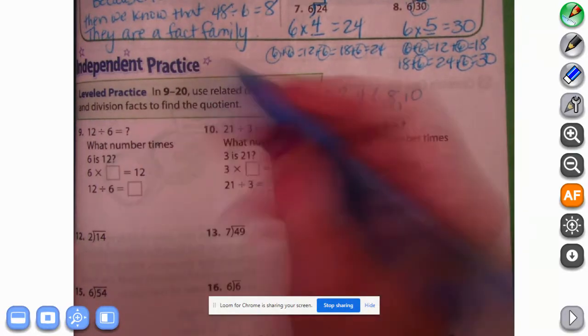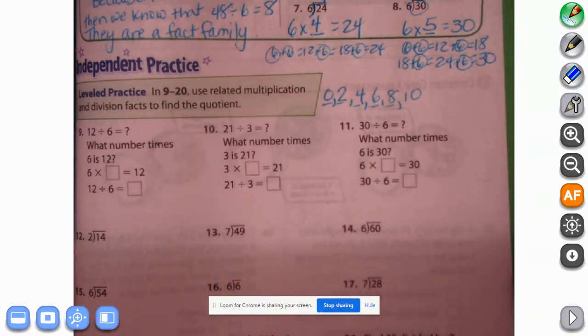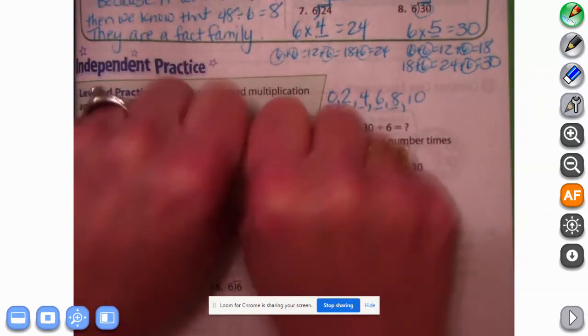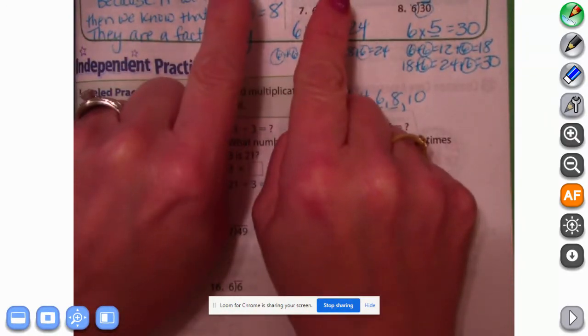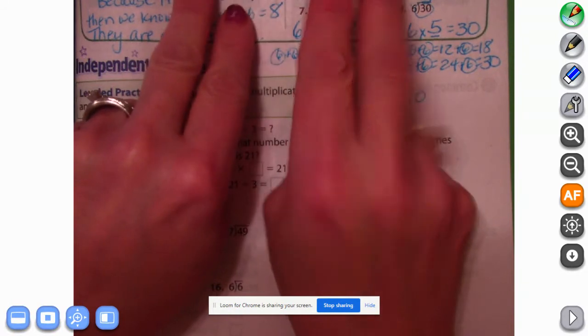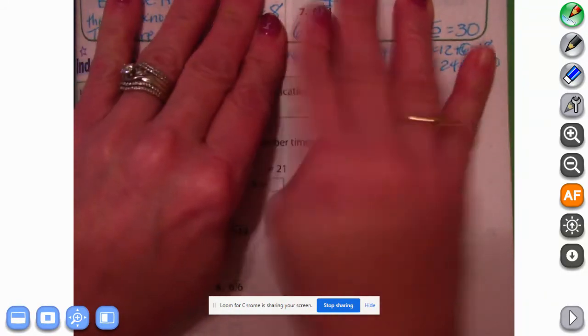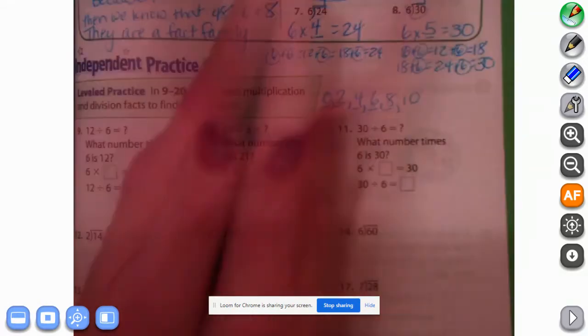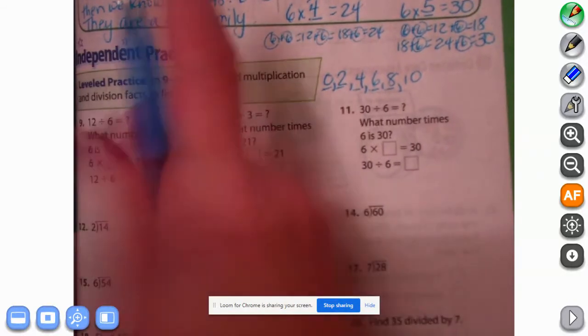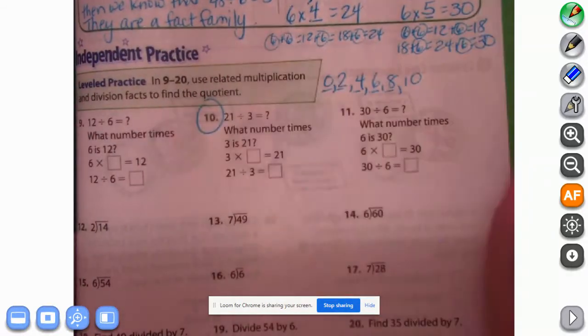Right? So let's look. 10. Well, we can do the count if we had to. 1, 2, 3, 4, 5, 6, 7, 8, 9, 10. Everybody has a dance partner. Okay, so we're going to be doing 10.